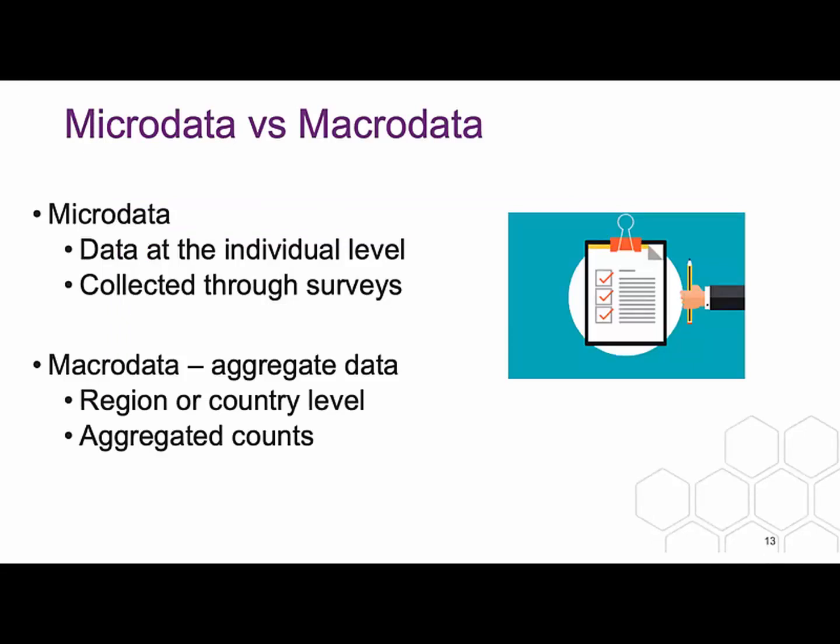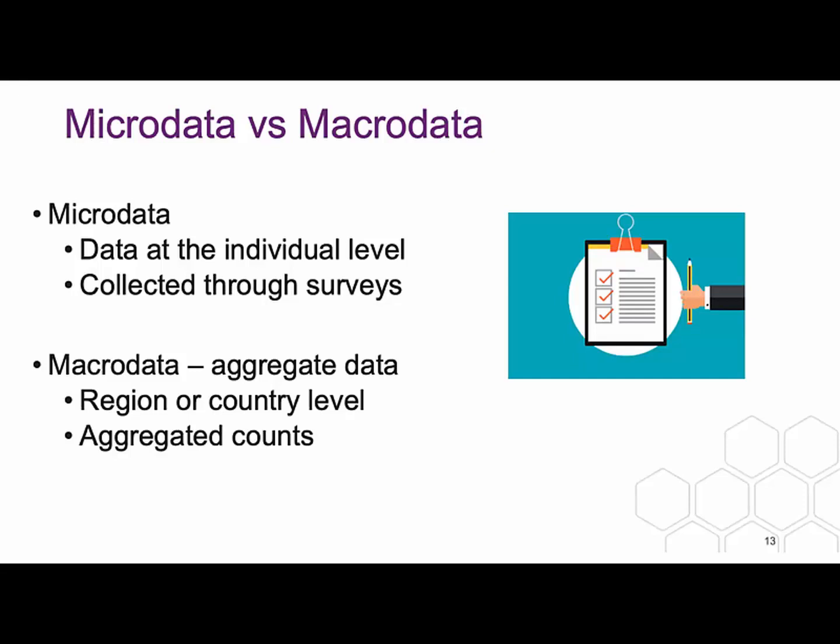So we'll start by looking at microdata and macrodata and the differences between them. So microdata is data at the individual level. It's collected from individuals through surveys. So for instance, a national census might collect age, home address, educational level, employment status, and many other variables. And this is recorded separately for each person who responds to that survey.